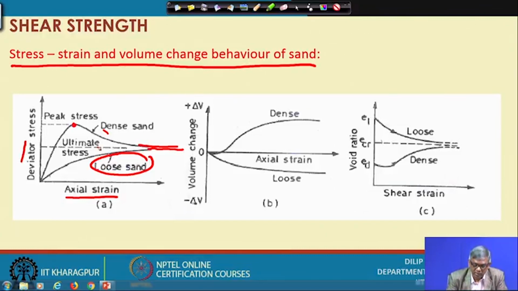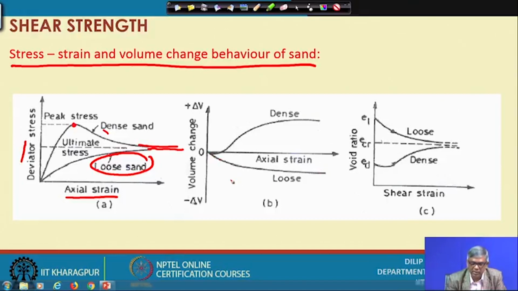Another observation we have seen already is what happens when loose sand is subjected to shearing load. Volume change takes place continuously, and you can see a continuous volume decrease for loose sand.